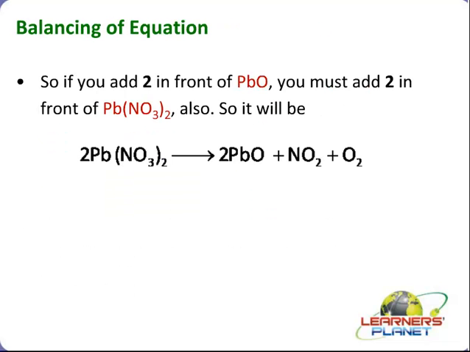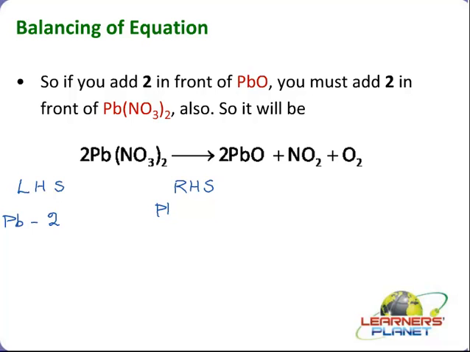Now students, let's see whether it is balanced or not. Let's check the number of lead atoms. I'll write it here, this is our LHS and RHS. What is the number of lead atoms, students? On the LHS, it is 2.